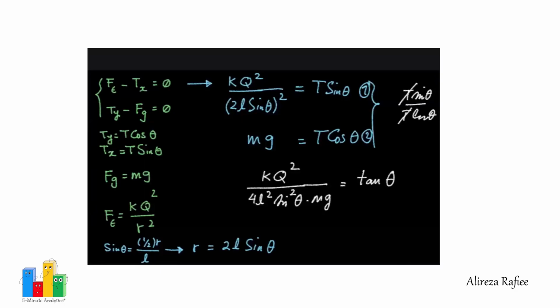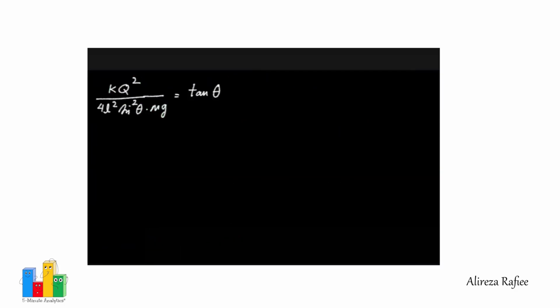Now you want to know what is the q, and so you are going to isolate for q in this equation. I'm going to take the denominator on the left side and multiply it by tangent theta. So k q squared would be 4L squared mg sine squared theta times tangent theta, and then divide by k and then take the square root of everything.